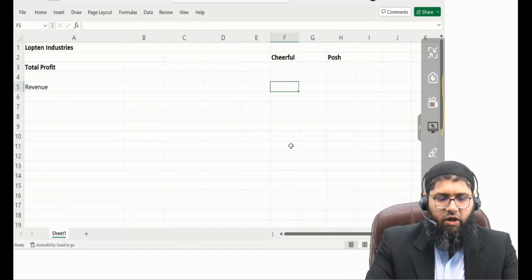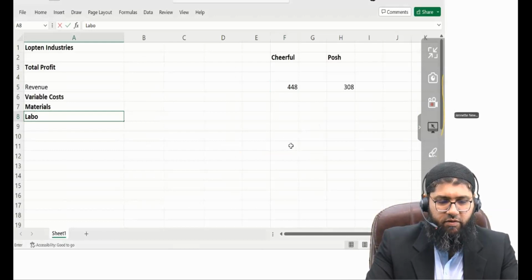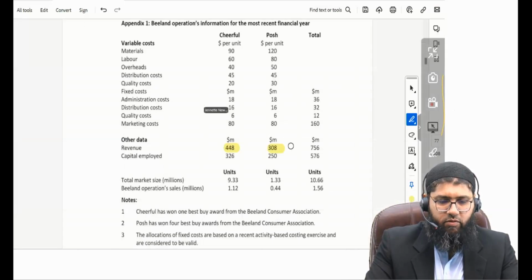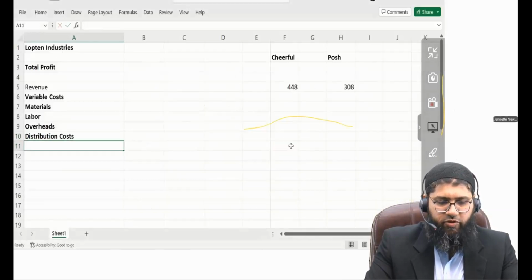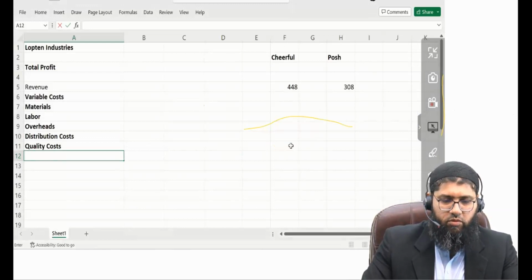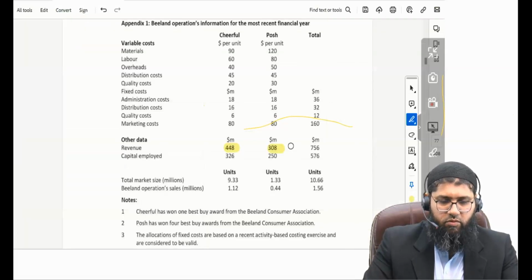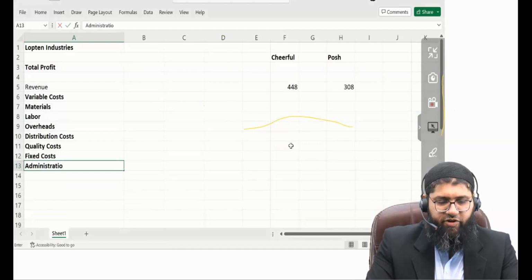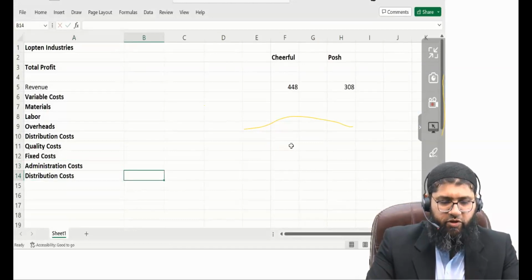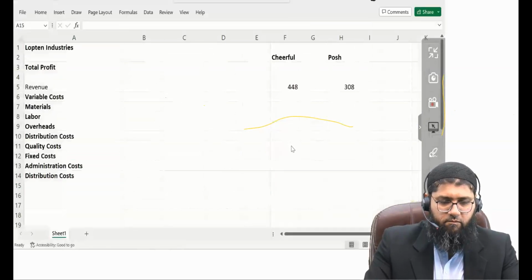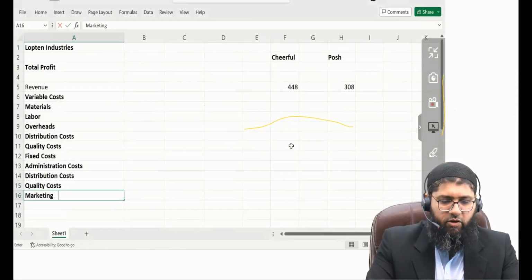The variable costs would be like this: materials, labor, overheads, distribution costs, quality costs. Fixed costs: administration costs, distribution costs, quality costs, and the marketing costs.